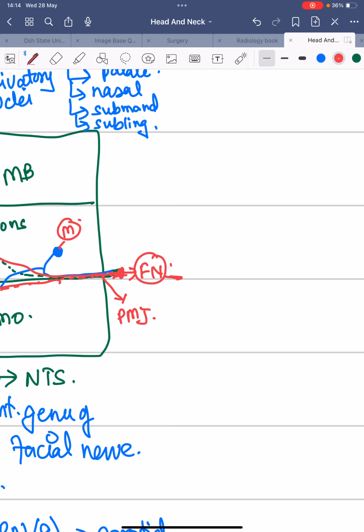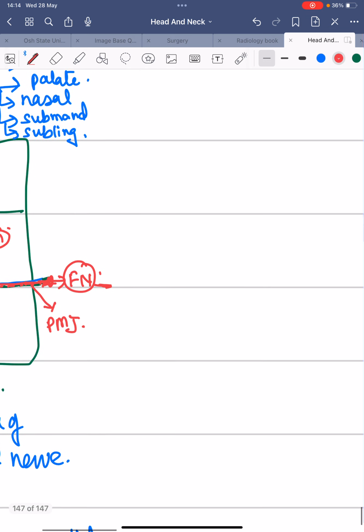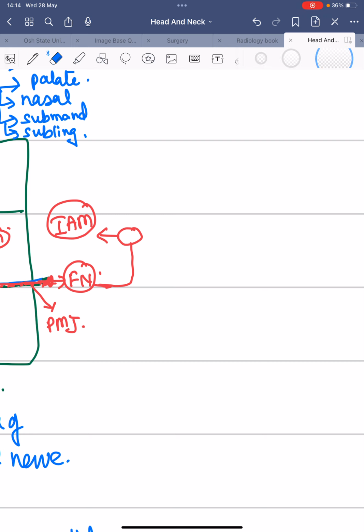Now see here, all students. Now it is going to enter into the internal acoustic meatus. It is entering where? Into the internal acoustic meatus. So as it enters into the internal acoustic meatus, what is going to happen now? Okay.